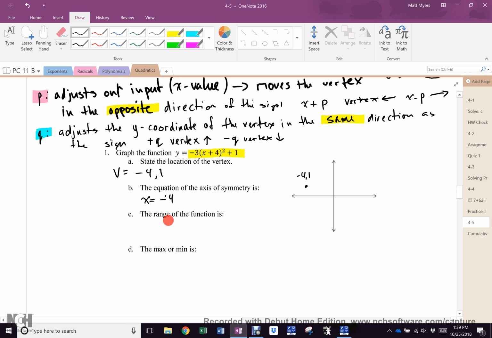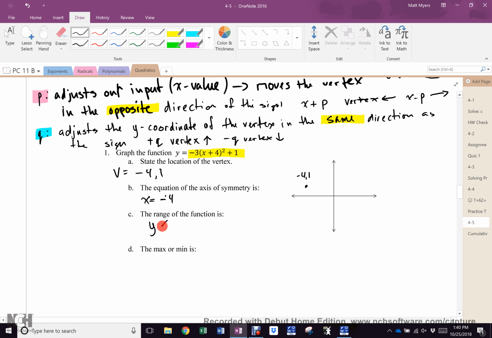Okay. The range of the function. So those are the y values. Is this parabola going to open up or down? Down. What tells you that? The negative sign in front of A, correct? So since this is going to go down, y must be greater than or less than my vertex.